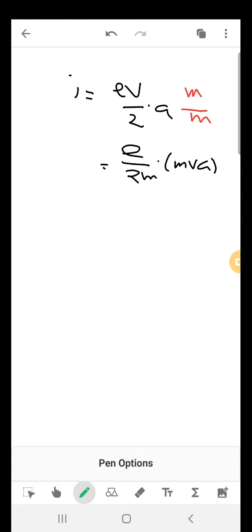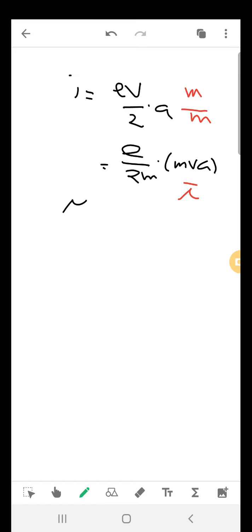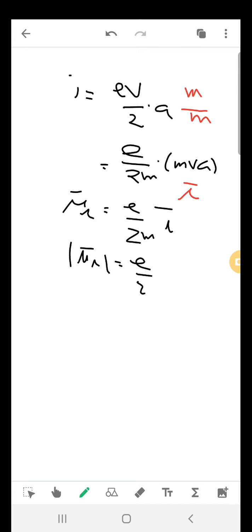So this MVA is actually the orbital angular momentum L. So we can say that mu L is equal to E by 2m into L. We take the magnitude: mu L is equal to E by 2m, and the magnitude of L is capital L.